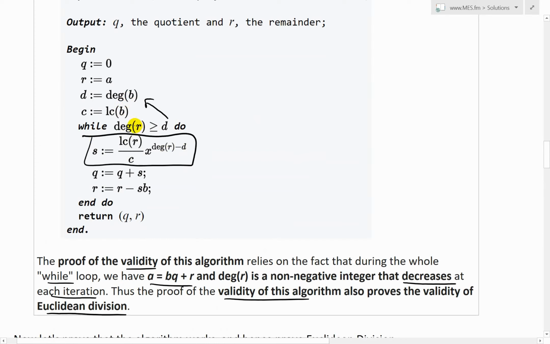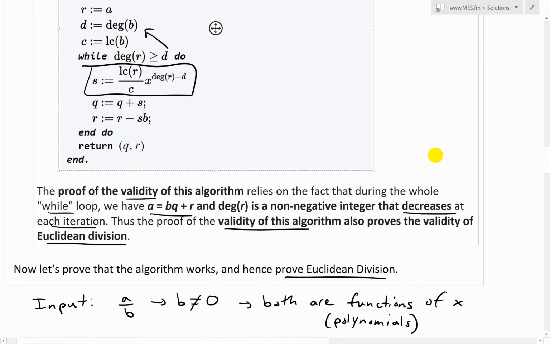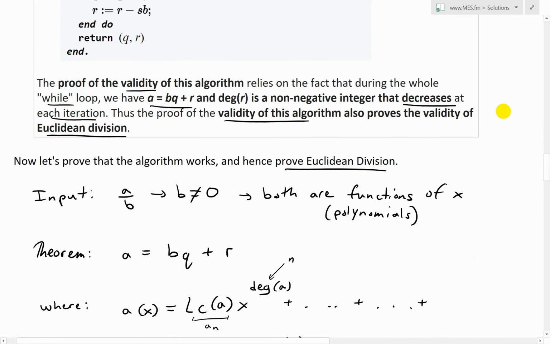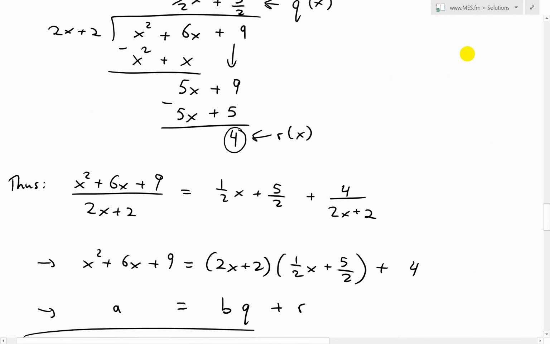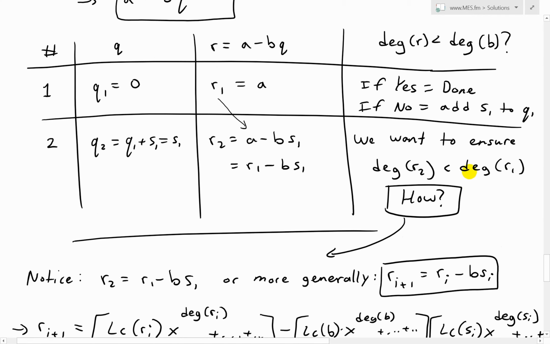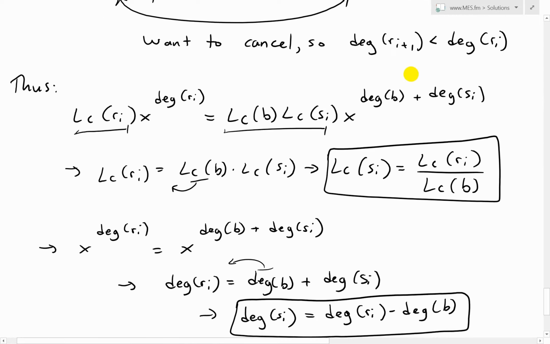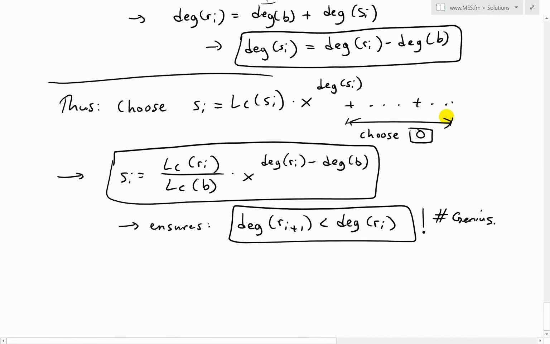They have it: while it's greater than, keep doing this, and so on. I have it: if it's less, stop. The same thing. It's an absolutely genius algorithm. That is what our S_i is, and that's when we have R_2 less than R_1, and so forth. You keep going until it's less and less and less.